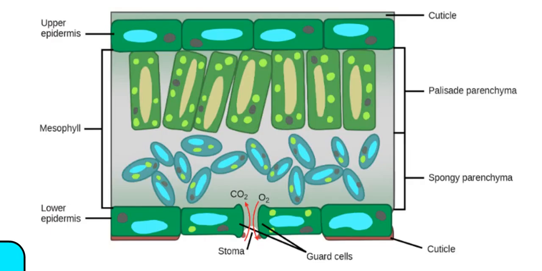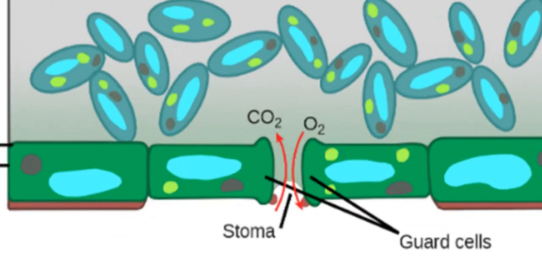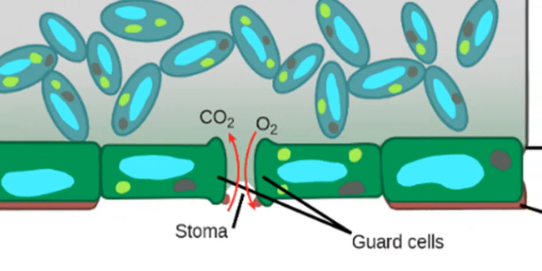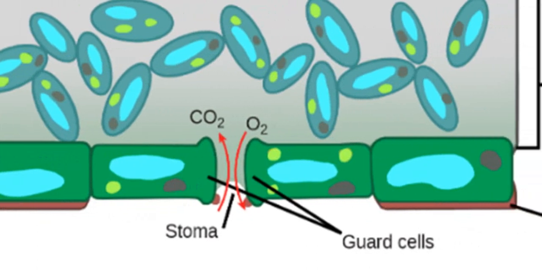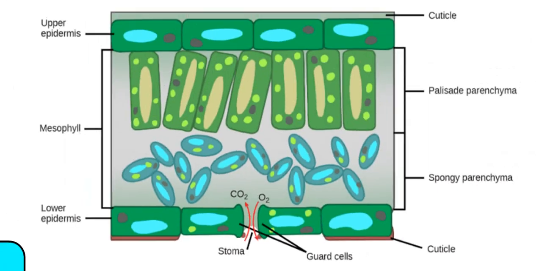This is the internal structure of the leaf. Here you can see an opening, which is called stomata, where exchange of gases is done, and it is protected by cells called guard cells.